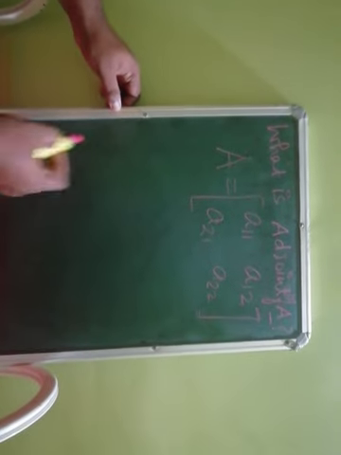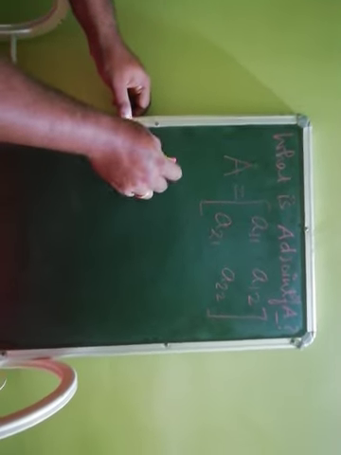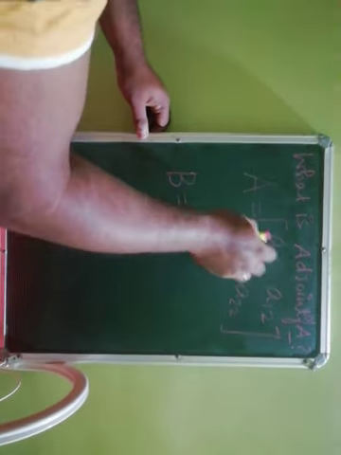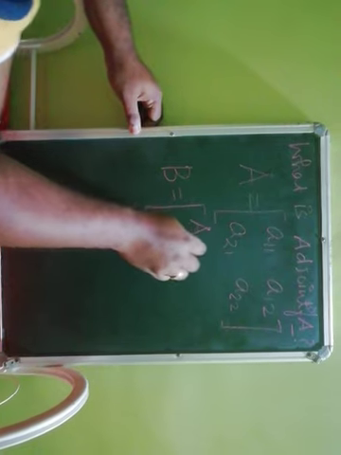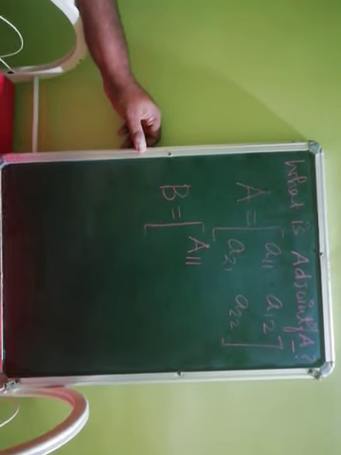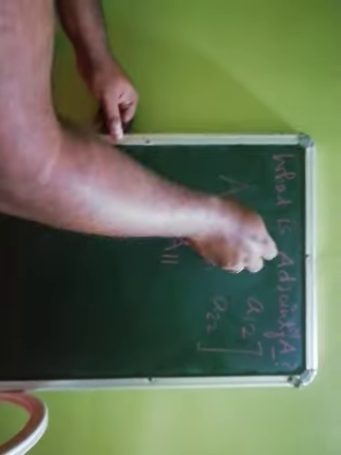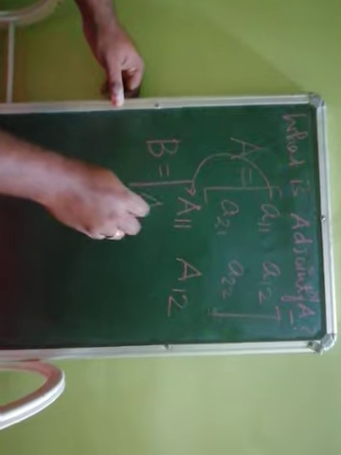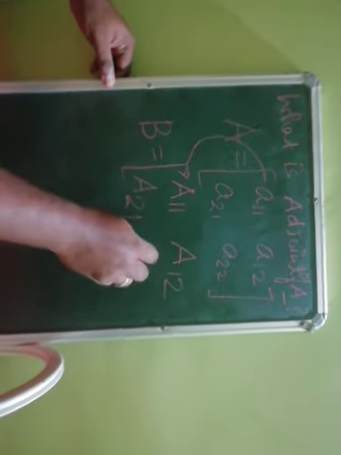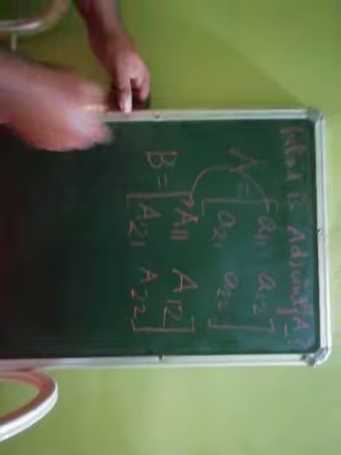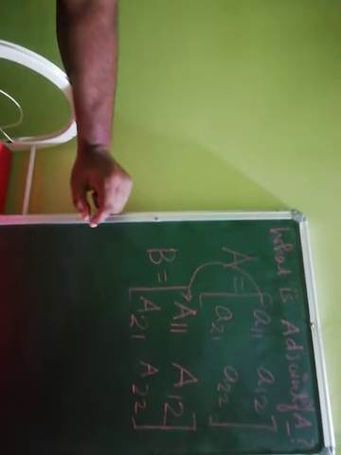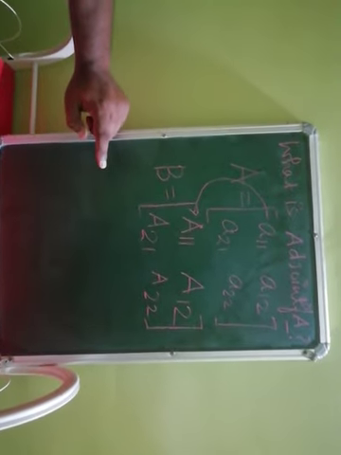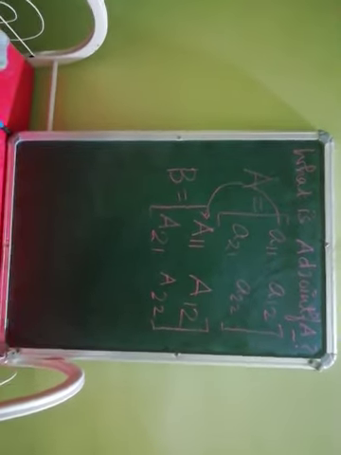Suppose I am writing another matrix, B, whose elements are the cofactors, like A11. You can recall earlier we had discussed capital A11 is the cofactor of small a11, then capital A12, A21, A22. So B is another matrix whose elements are the cofactors of the elements of matrix A.